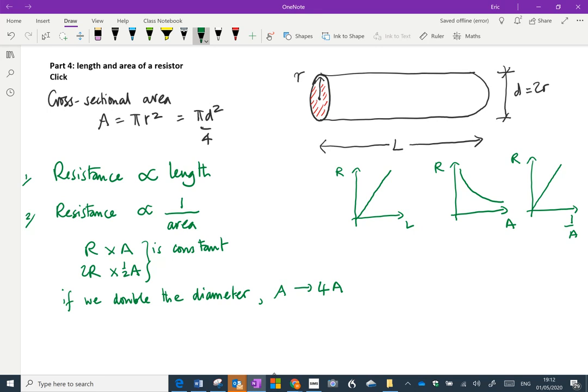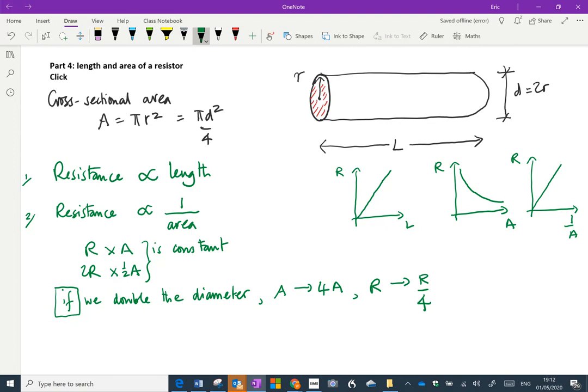So if we double the diameter, then d squared goes up by a factor of 4. Let's just look at it. Suppose d was 1, and then if d doubled and became 2, then 2 squared is 4. So if we double the diameter, or the radius, then the resistance will go down by a factor of 4.